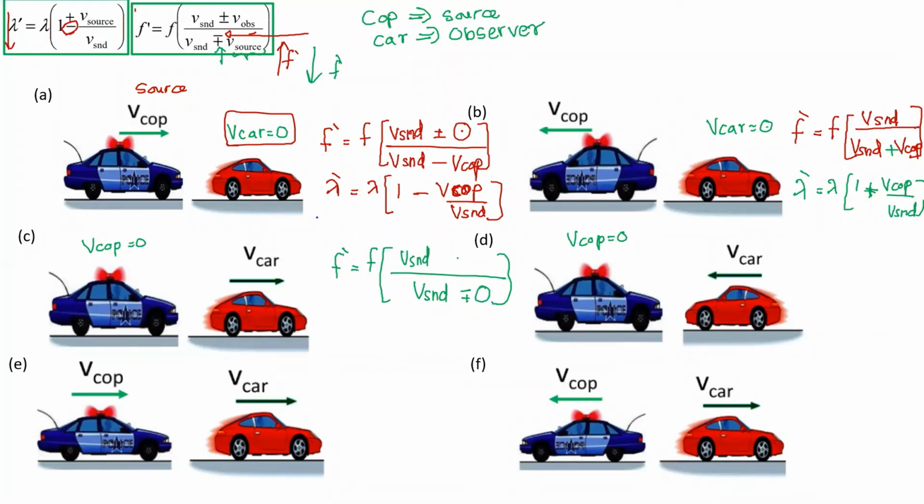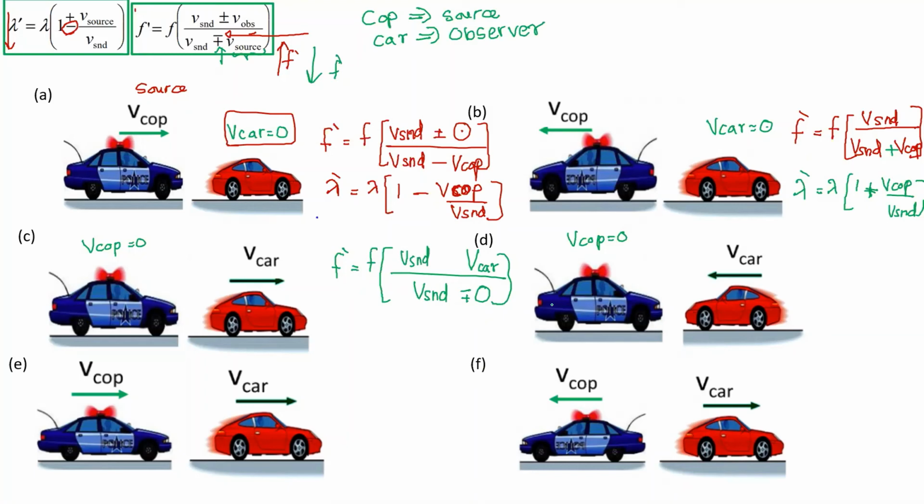The car is moving, which is the observer. So now you all are going to tell me the sign. So I got one. Can I have more? So you all are correct.